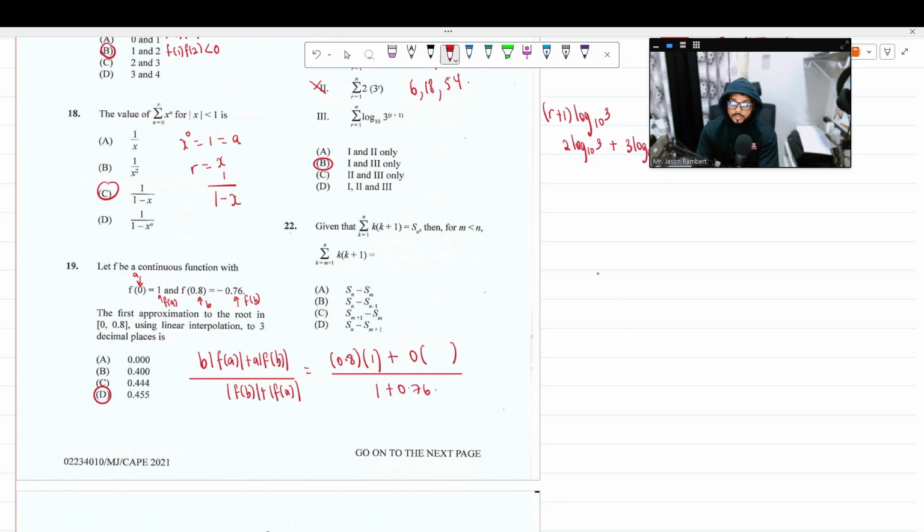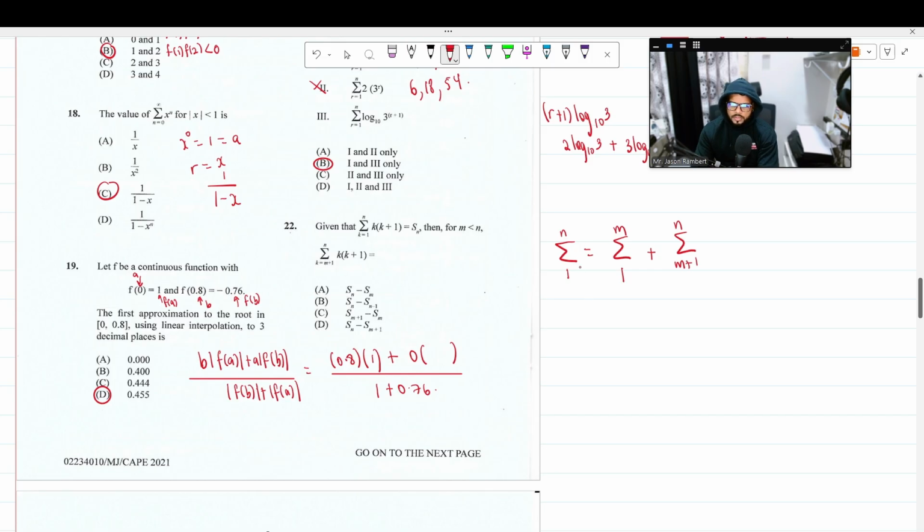Alright, so this is a repeat question. Let's do it again. We can split up the summation where we go from 1 to n. This could be split up as the summation from 1 to m plus the summation from m plus 1 to n. When this one ends, I will start the lower limit one more.